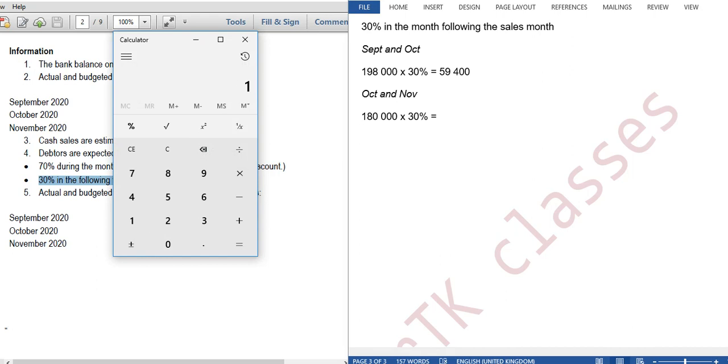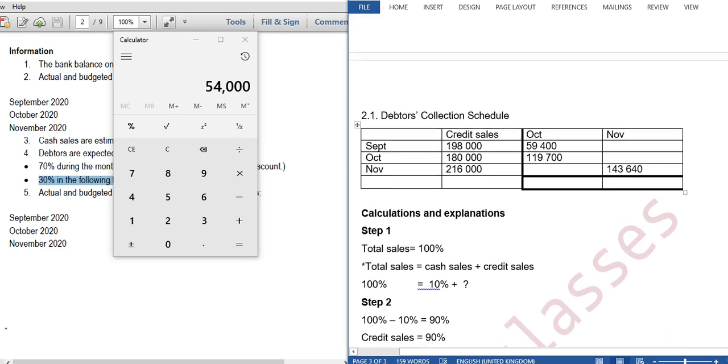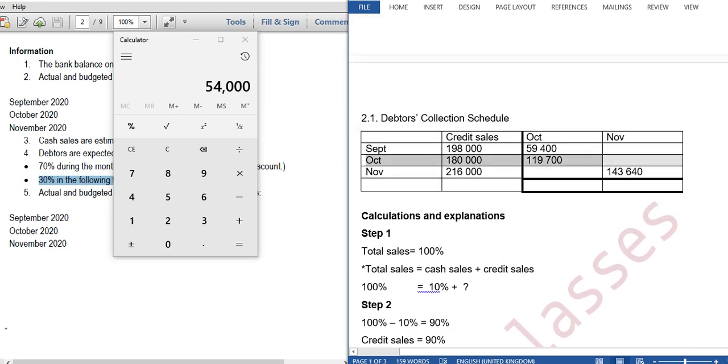Multiplied by 30 over 100. 54,000. So if we sell in October, we are going to receive in November 54,000. Alright, so now this is our last month, right?